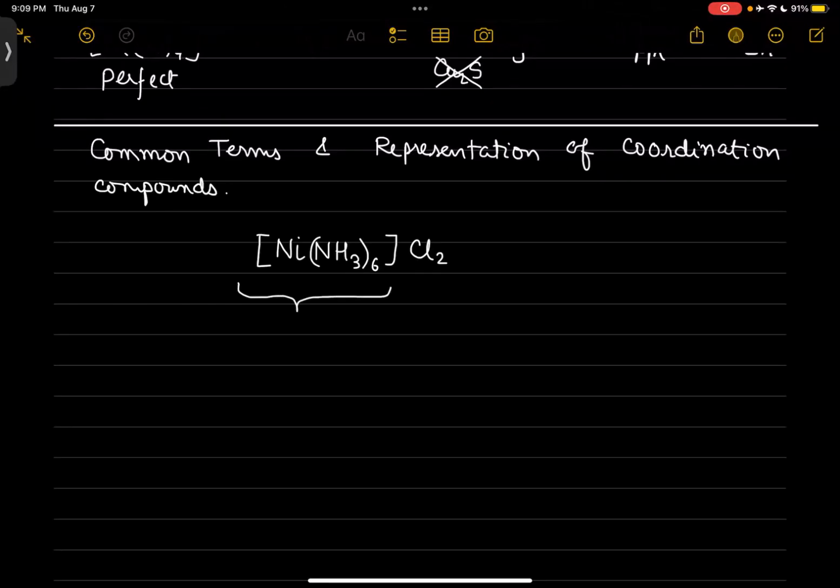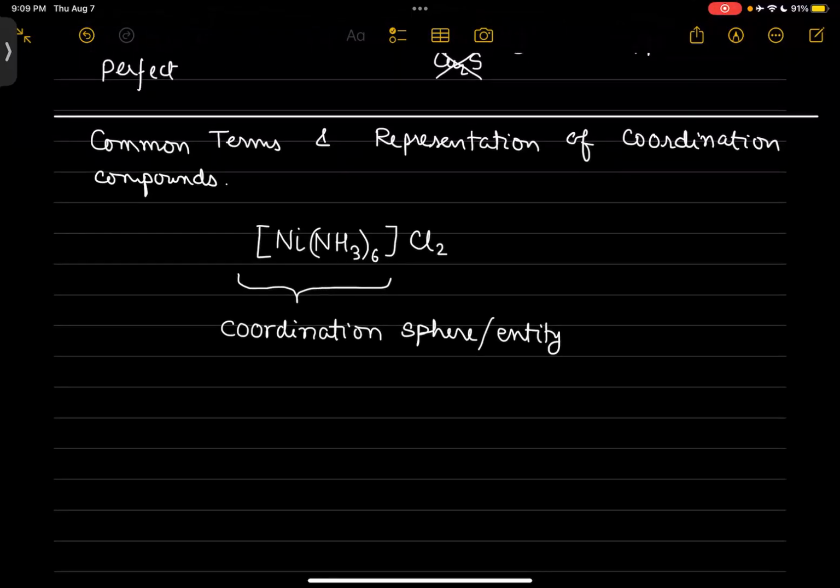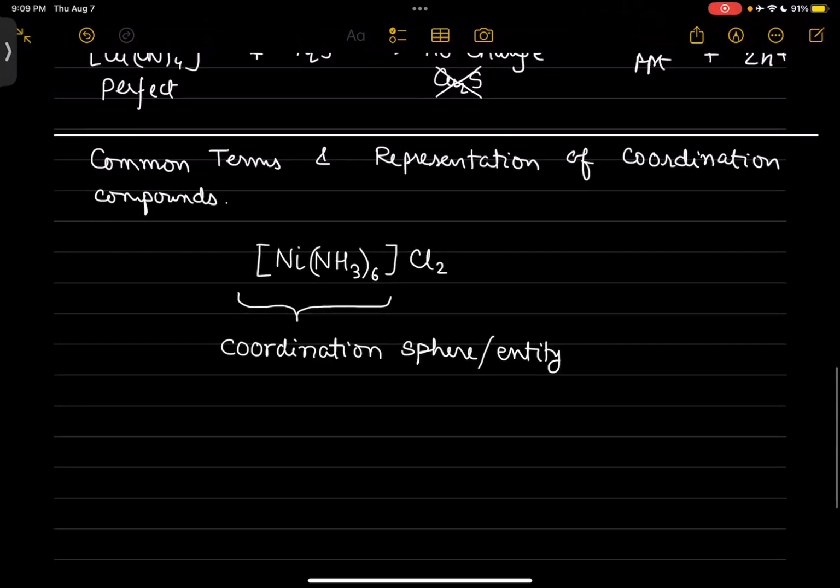This part is known as the coordination sphere or coordination entity. Is it clear? So what does it include?